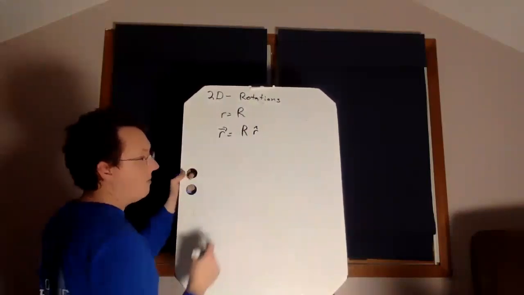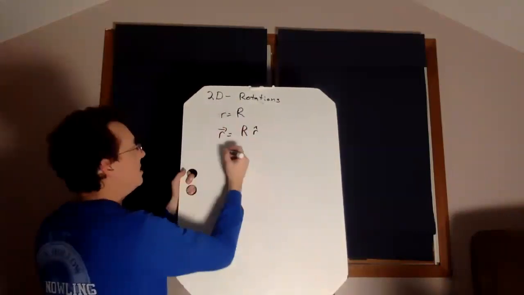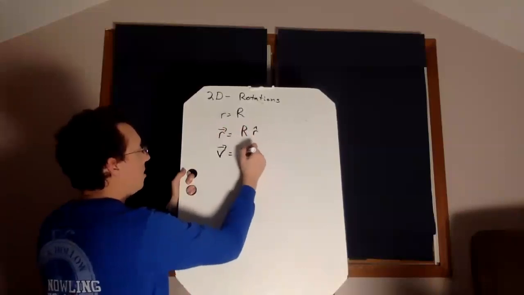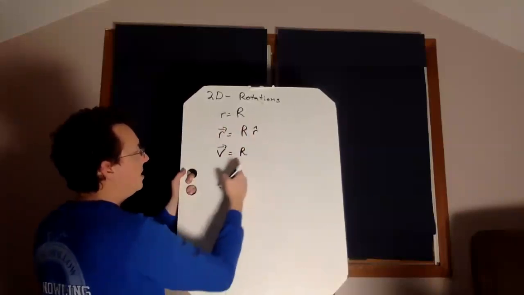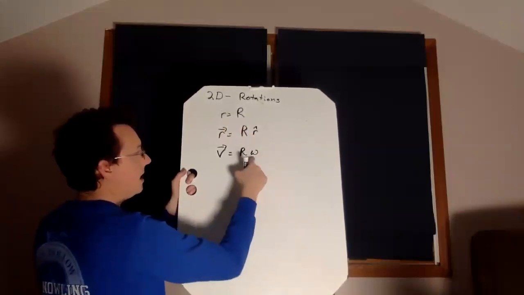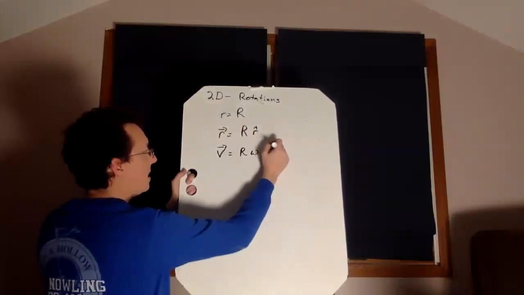And we found, if you followed the last video, applying it to the case where the radius is constant, that the velocity equals R times omega, a scalar number, these are both scalars, times theta hat.